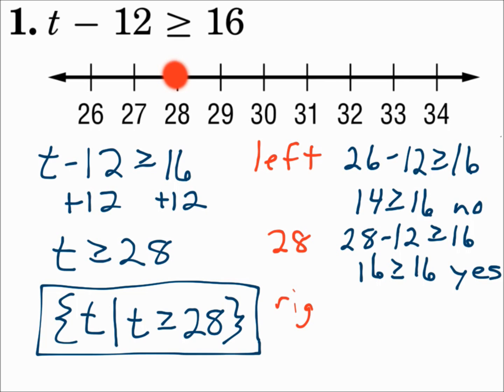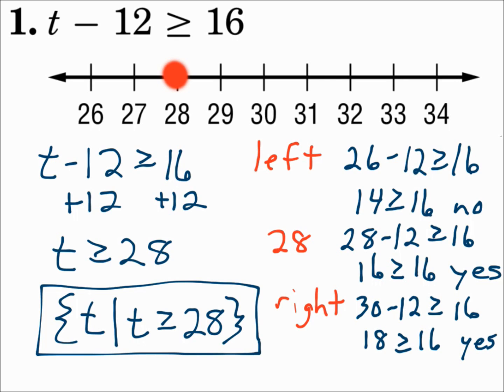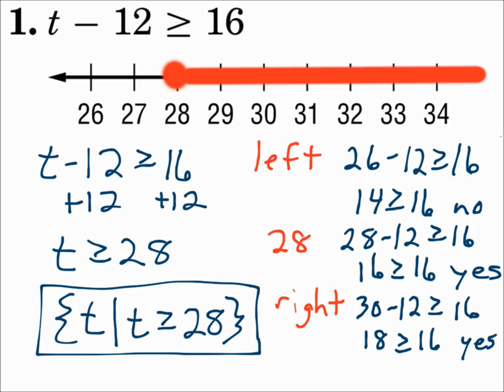Then a number to the right, like 30. 30 minus 12 greater than or equal to 16? Is 18 greater than or equal to 16? Yes, it is. So the numbers to the right of 28 are also shaded in. Closed circle on 28, shaded to the right, and fill in the arrowhead.